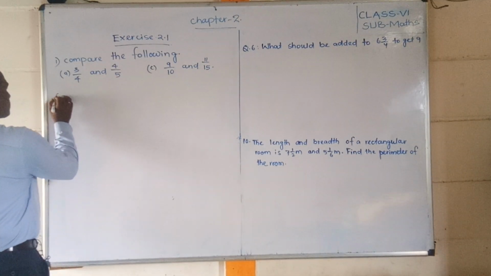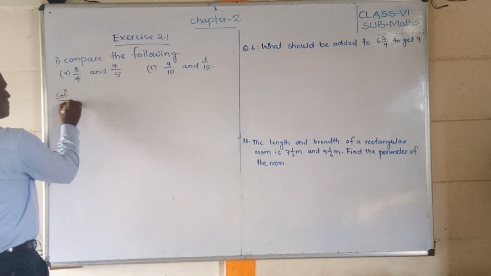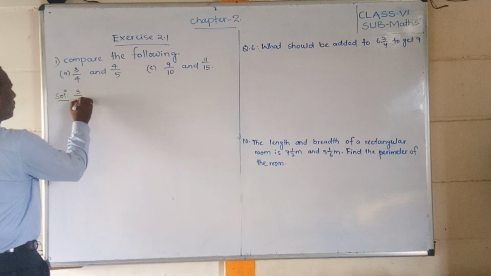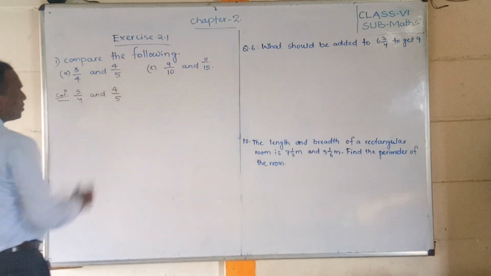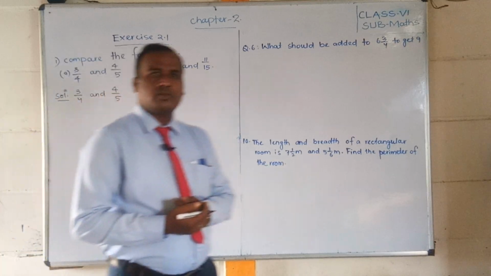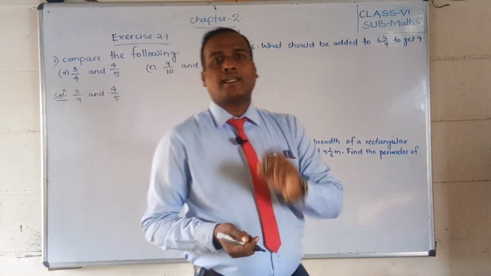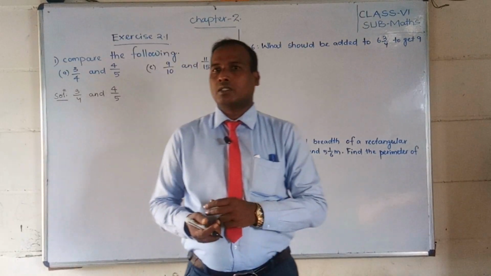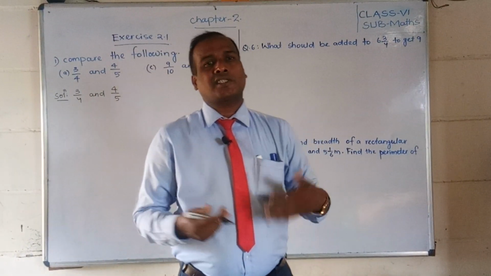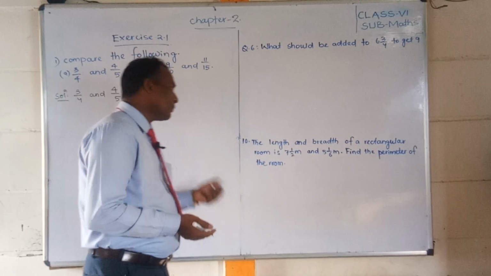So let me solve this. The first question, 3/4 and 4/5. There are different methods, students. If we make them like fractions, we can find out which one is smaller and which one is greater, and we can also do it by the cross multiplication method. So I will first explain two methods.